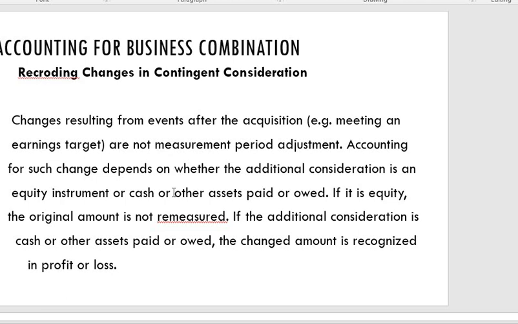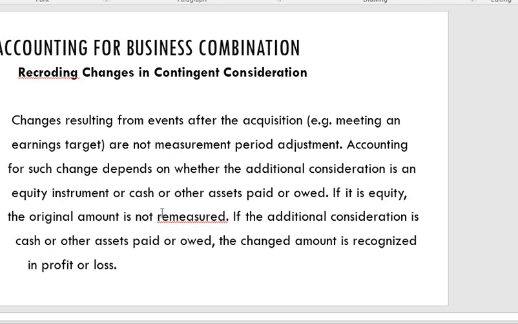So accounting for such change depends on whether the additional consideration is equity or cash or other assets paid or owed. If it's equity, the original amount is not remeasured. However, if it's a liability, or yung consideration natin is cash or other assets paid or owed, the change amount is included in the profit or loss.